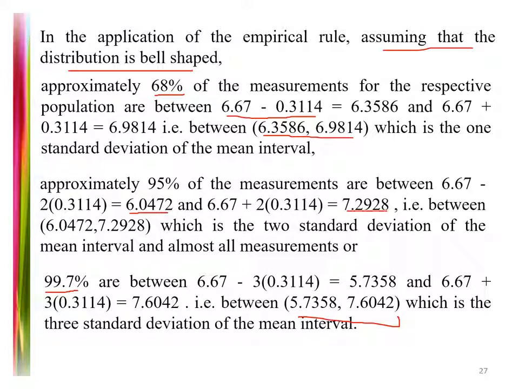This is a simple application of the empirical rule. In applying it, first make sure your data is symmetric. If symmetric, you can apply the empirical rule in any situation, but in the non-symmetric case we cannot use it, because you will get a wrong conclusion.